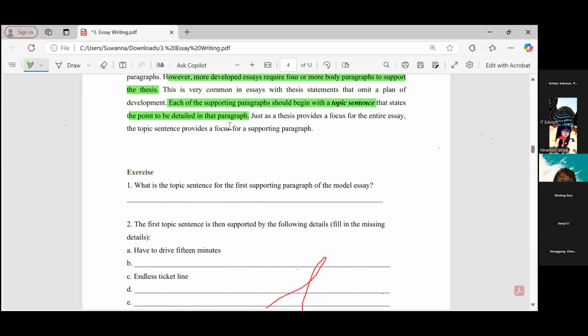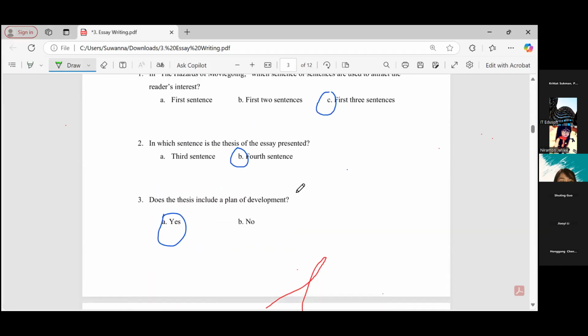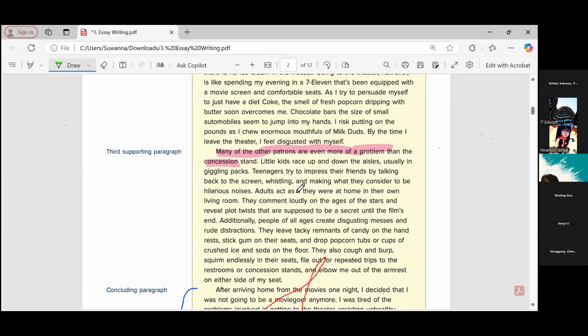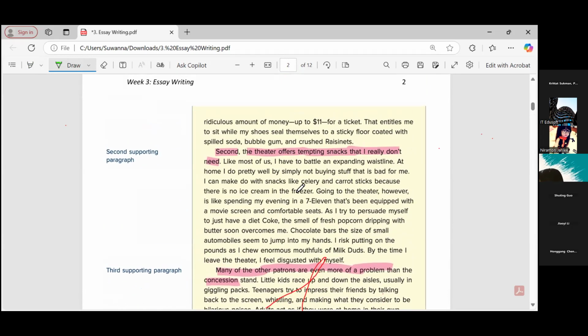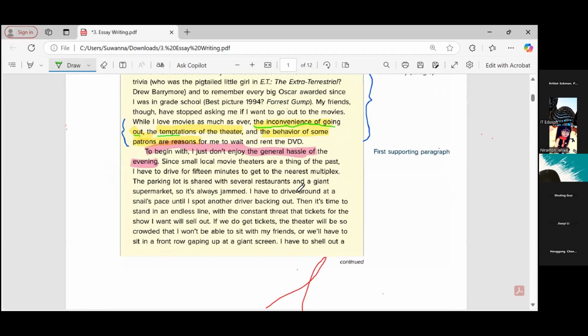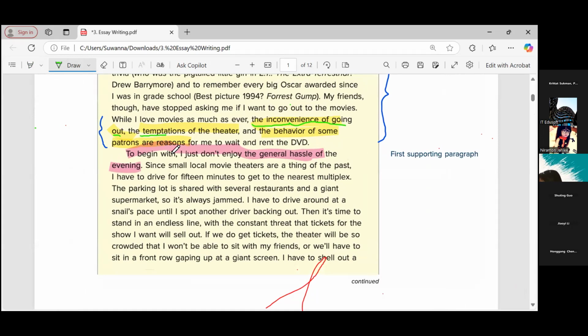My first question to you is, what is the topic sentence for the first supporting paragraph? Just focus on the first supporting paragraph, which is over here. I'm sorry if I have to go back and forth between paragraphs, because I have to refer back to the sample. I highlighted this for you.